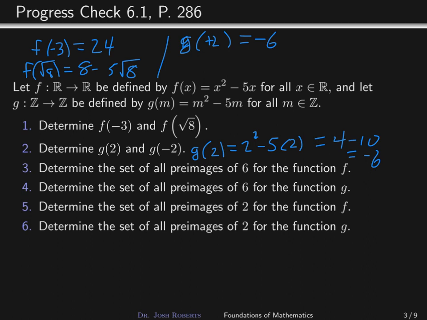And I'll do the other calculation up here. g of negative 2 is negative 2 squared minus 5 times negative 2, so we get 4 plus 10, which is 14. Like I said, you all know how to do this.